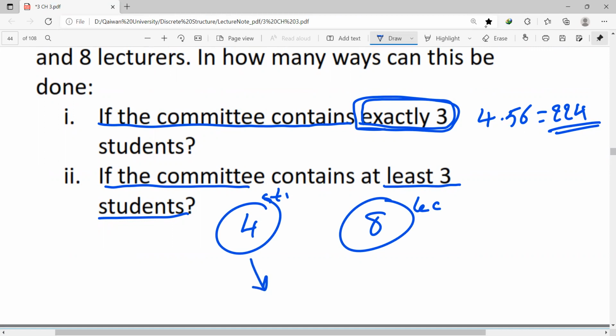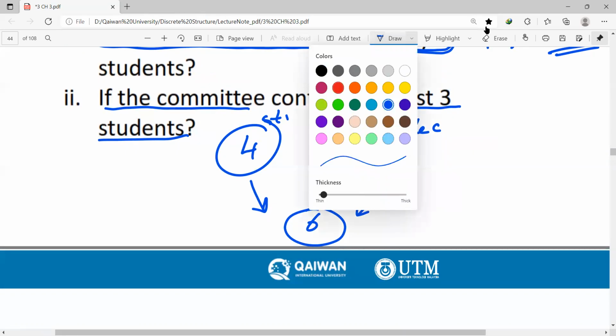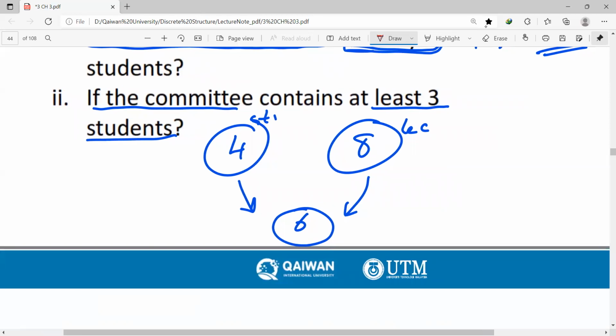We say at least 3 of them to be students. So let's say the number of students could be 3? Yeah, it could be 3. So how many more people do you need to create the committee?